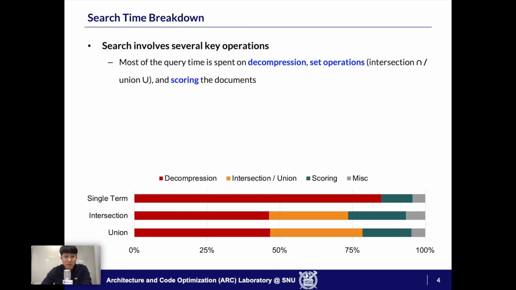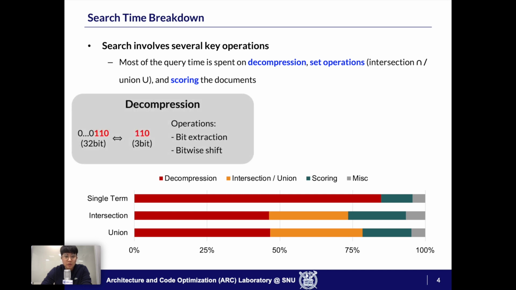The diagram below shows the portion of the time spent on index operations during a search in Lucene. For different types of queries such as singleton, intersection, and union, key operations, decompression, intersection and union, and scoring account for a large portion of the runtime.